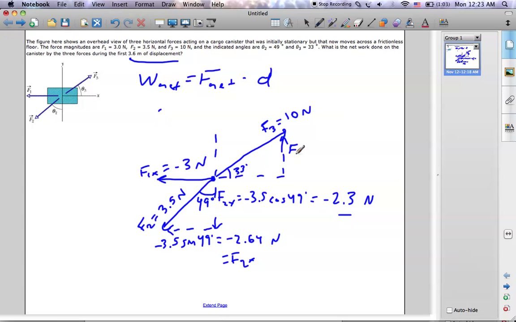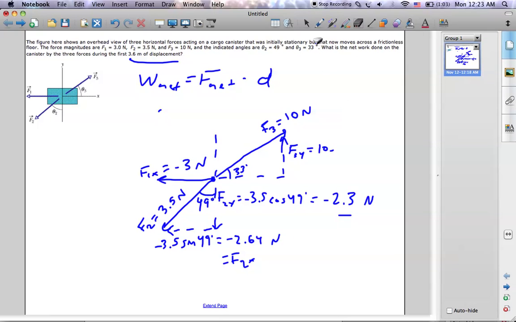So F3y is in the positive direction, so it would be positive 10 sine 33 degrees, which equals 5.45 newtons.